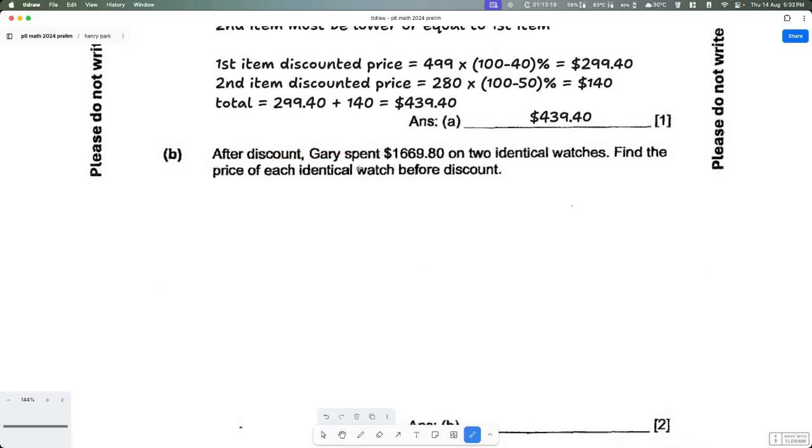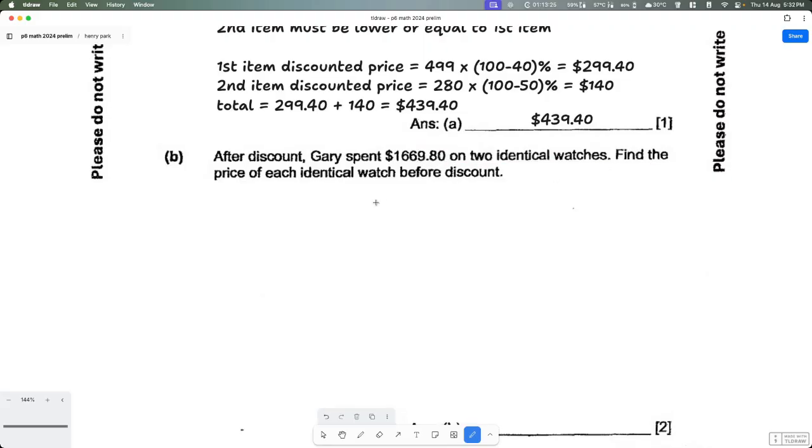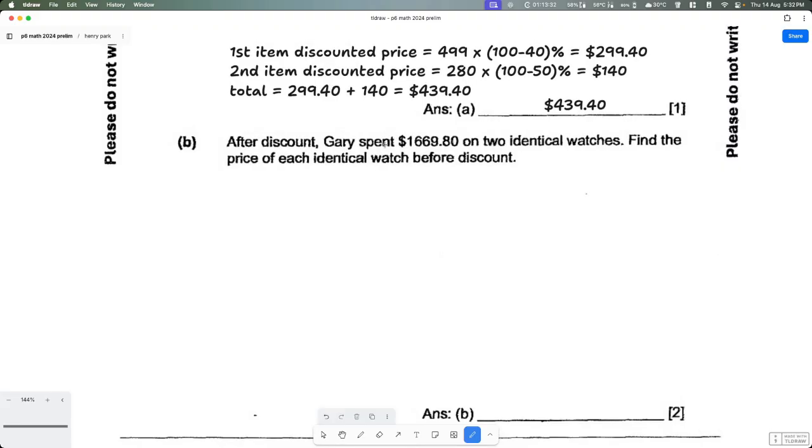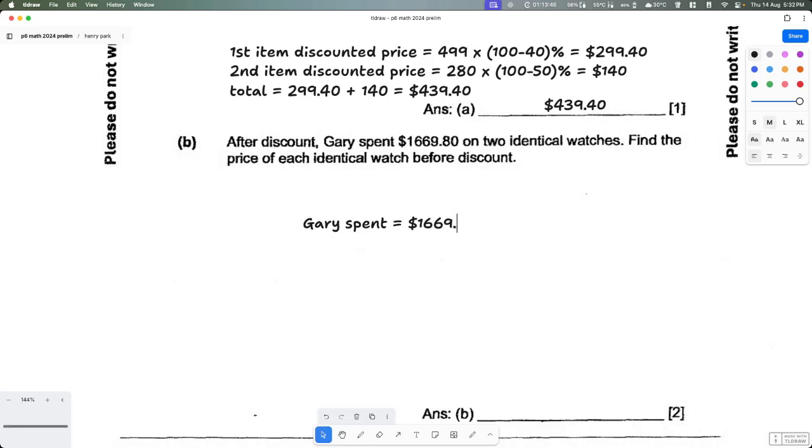After the discount, Gary spent $1669.80 on 2 identical watches. Find the price of each identical watch before the discount. So in this case, Gary spent 1669.80 on 2 watches.